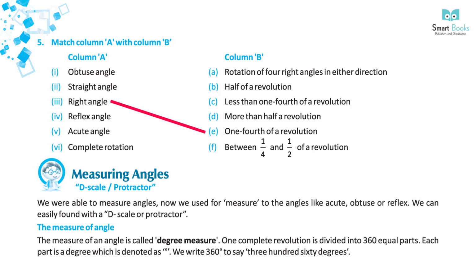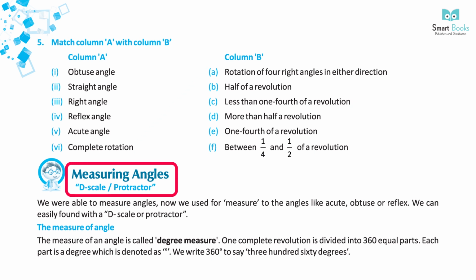Third, right angle to E, 1/4 of a revolution. Fourth, reflex angle to D, more than half a revolution. Fifth, acute angle to C, less than 1/4 of a revolution. Sixth, complete rotation to 2A, rotation of 4 right angles in either direction.